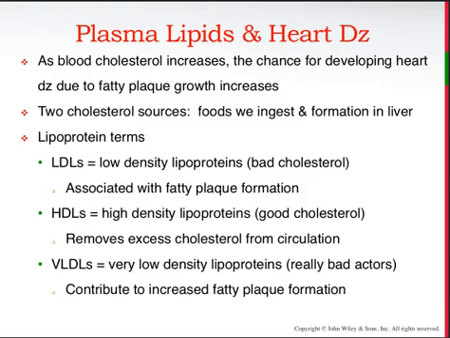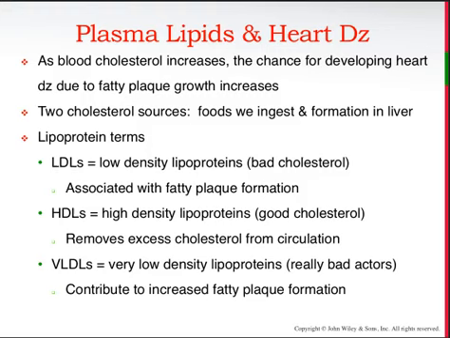We talk about different lipoprotein terms or forms. We talk about LDLs, HDLs, and VLDLs. Historically, we've talked about the bad cholesterol being low density lipoproteins. These guys are the ones that typically associate with fatty plaque formation. The high density lipoproteins we've called historically the good cholesterol, the HDLs.